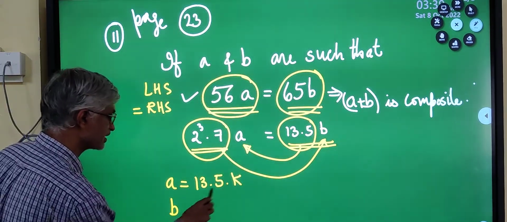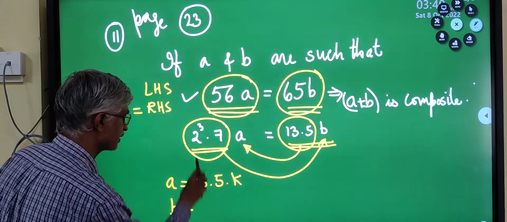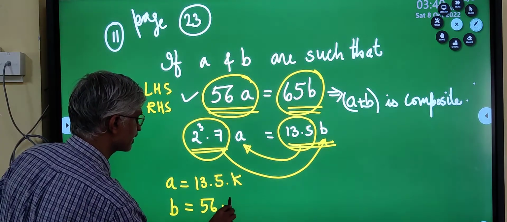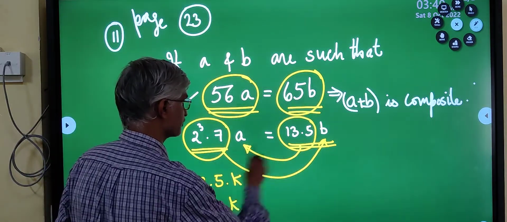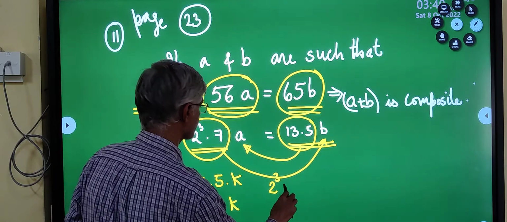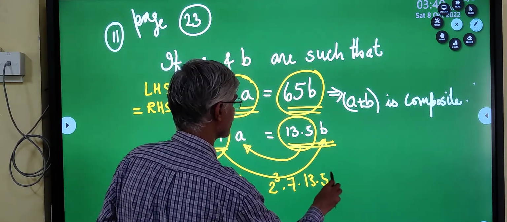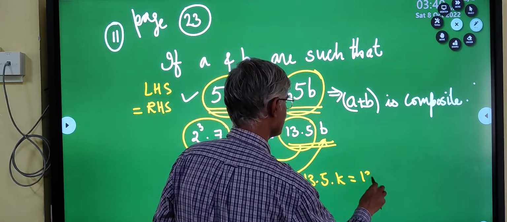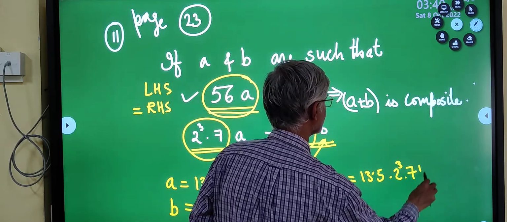Similarly, B is definitely going to have 8 into 7, 56, in it, times some number K. So ultimately we can break this equation down as 2 cube into 7 into 13 into 5 into K is equal to 13 into 5 into 2 cube into 7 into K.